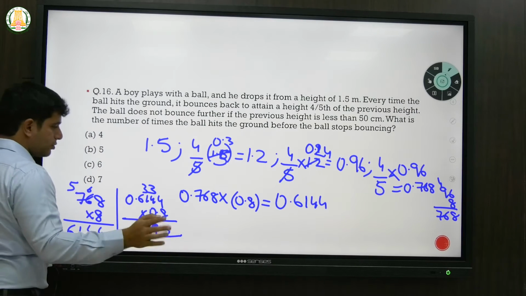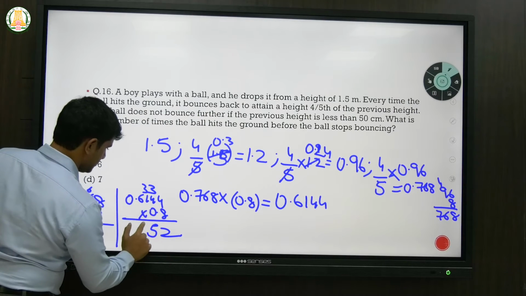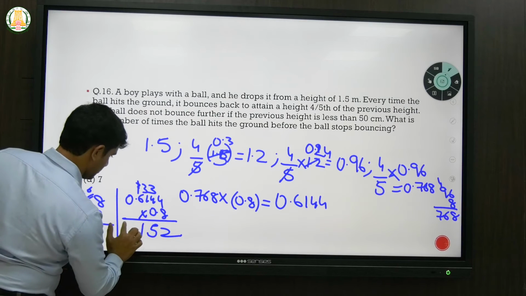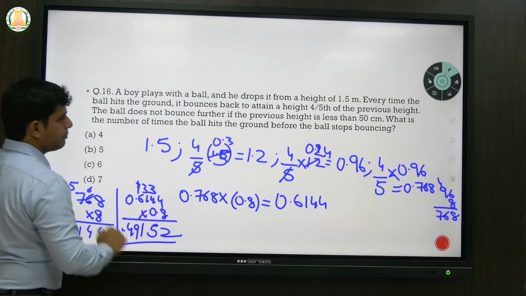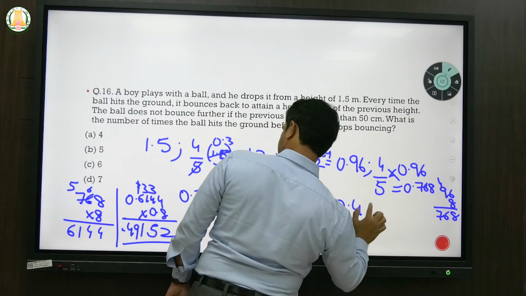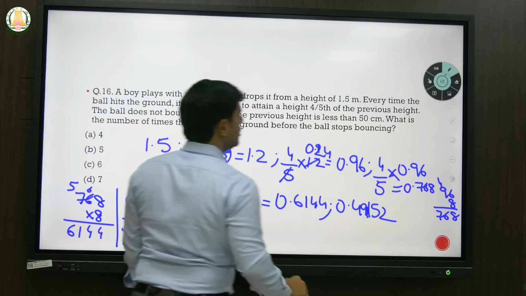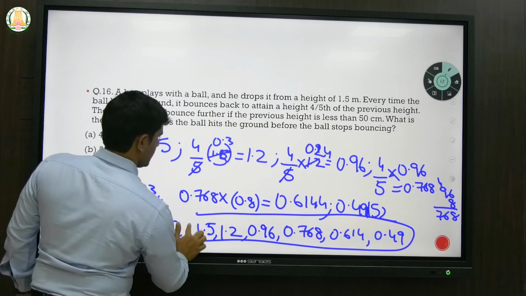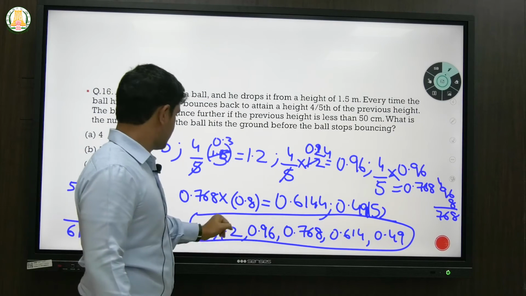Now again this. Don't use calculators, do as I'm doing, it will be a practice for you. So you get 0.49152. Okay. So these are the heights. Every time the height gets reduced by 0.8 times: 1.5, 1.2.